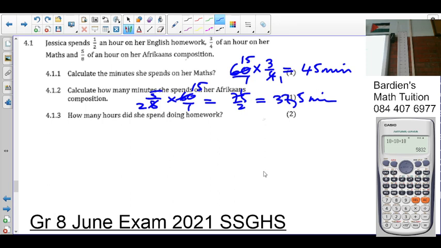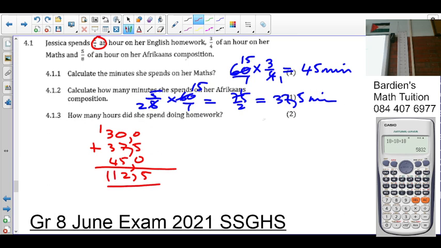This is how many hours did you spend doing homework? So what I need to do is work out, okay, so that is half an hour, not so? So it's 30 minutes plus 37.5 plus 45 minutes. So that's 112.5 minutes. They want to know in terms of hours. So I subtract 60 from that.